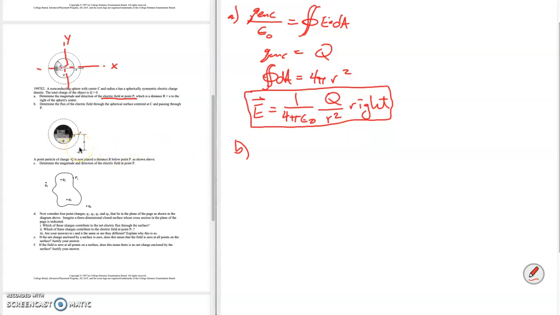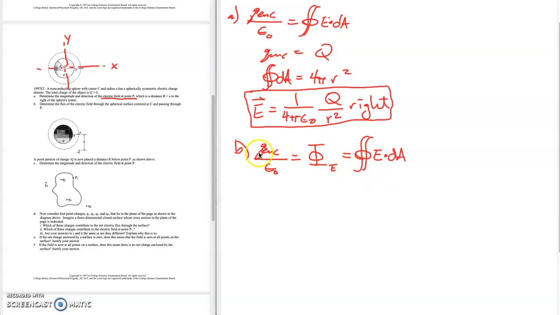All right, part B. The flux of the electric field through the whole surface centered at C. Well, Gauss's law, as written here, ignores an important piece in the middle. That is, the charge enclosed in a surface produces electric flux through that surface, which is then measured by the electric field spread out over the entire area.